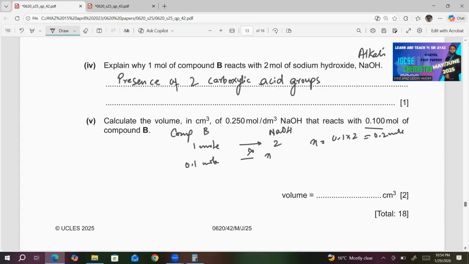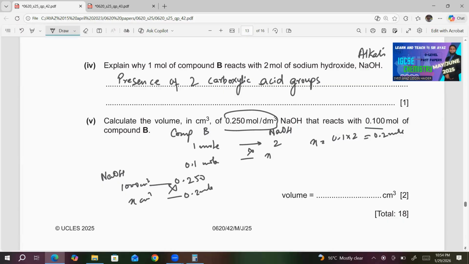So looking at this information for NaOH, 1000 cm cube contains 0.25 moles, or X cm cube is in 0.2 moles.